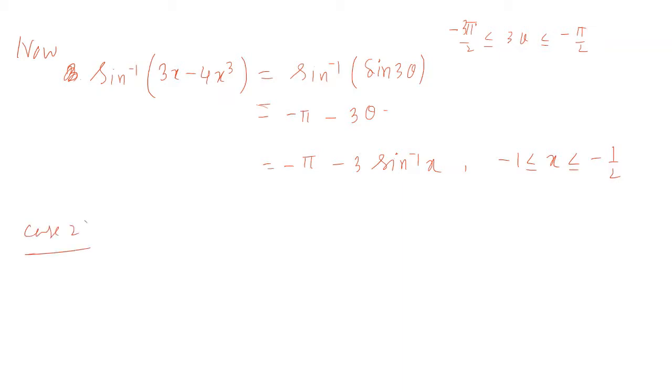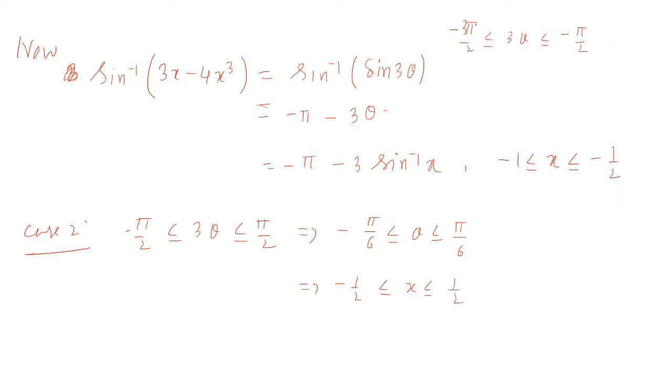This time 3 theta belongs to, now start with minus pi by 2, the second branch is up to pi by 2. So this implies minus pi by 6 less than or equal to theta less than or equal to pi by 6. Then taking sine, it is minus half less than or equal to sine theta, which is x, less than or equal to sine pi by 6, which is half.